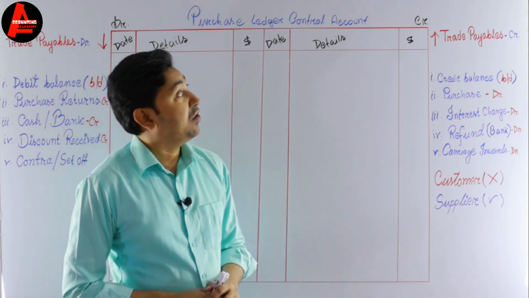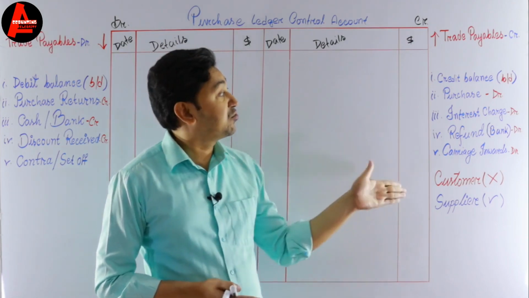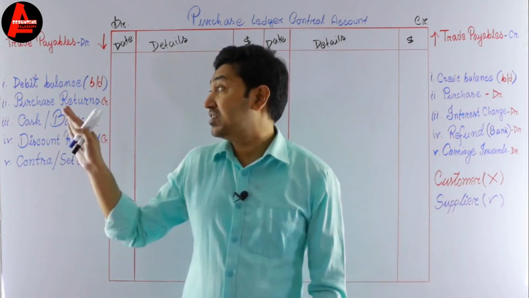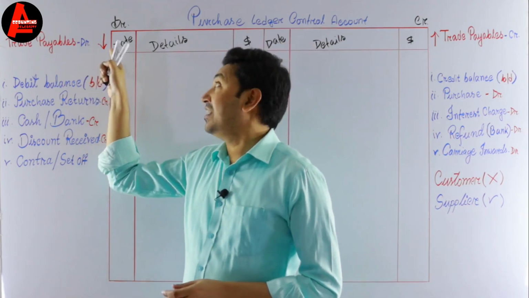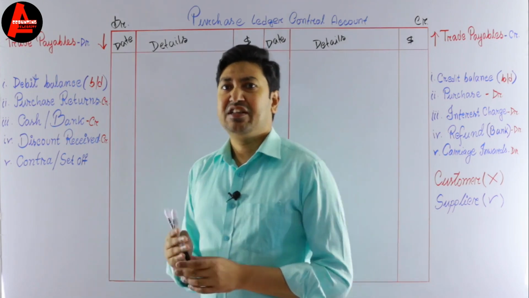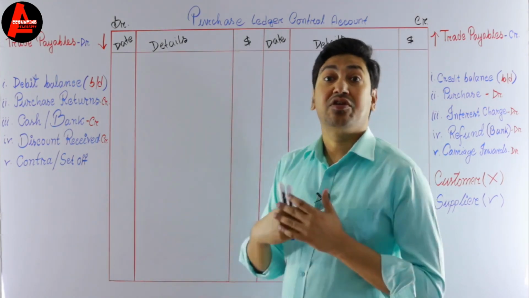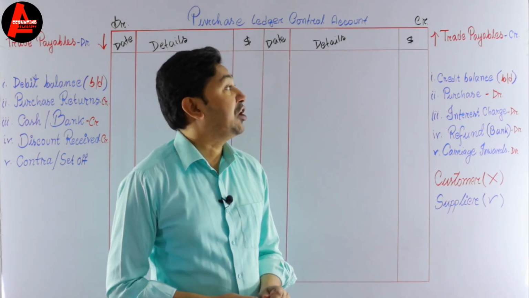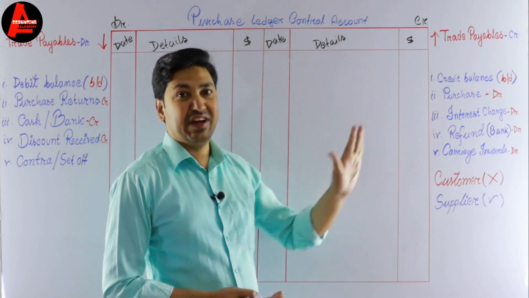Now, trade payables. How do we understand which items go on this side or that side? If your trade payables are decreasing because of a transaction, you record it on the debit side. If your trade payables are increasing, you record it on the credit side.